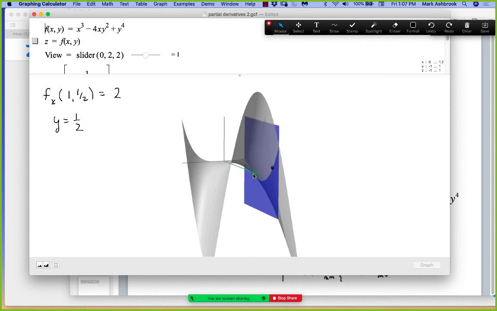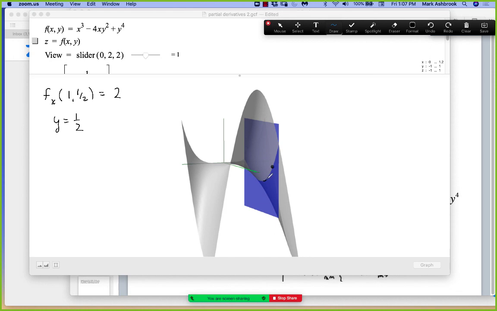And what do you notice? As x increases, what does z do? z also increases. Do you see that z, if you just follow this kind of parabola shape, that's the surface, staying on the surface, keeping y constant at 1/2.